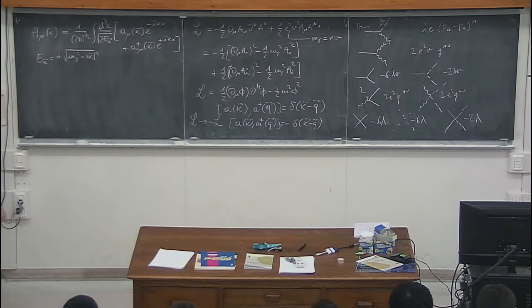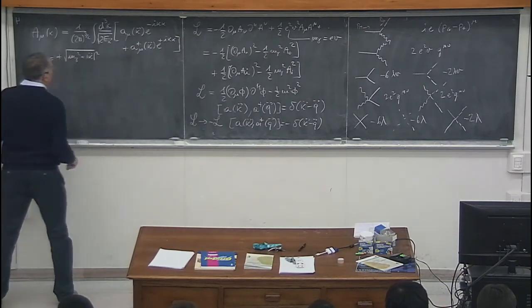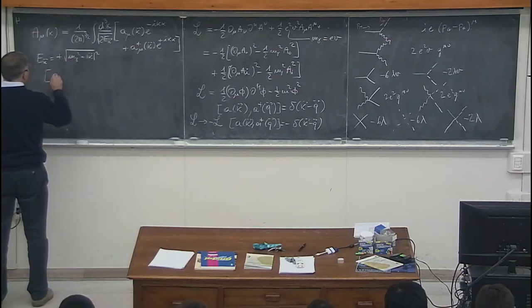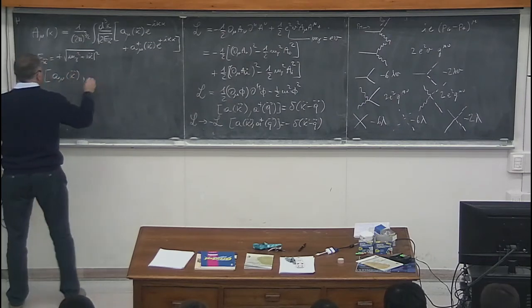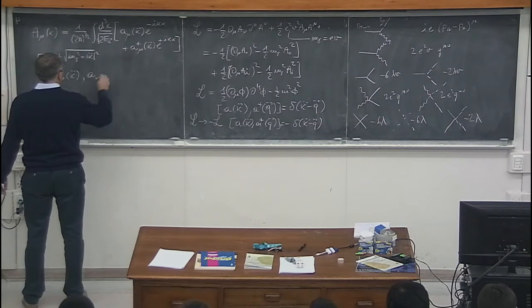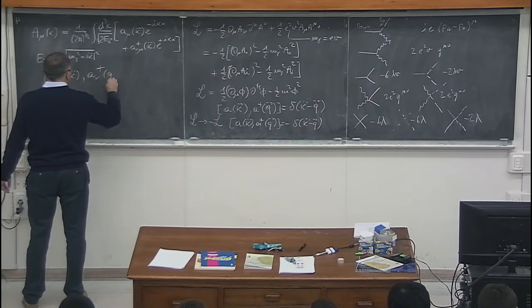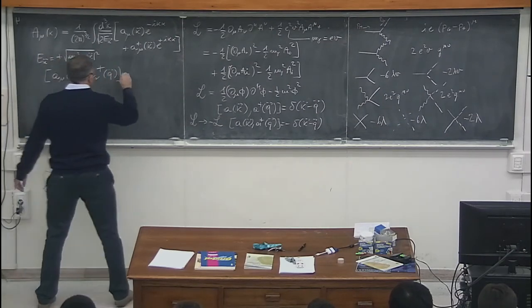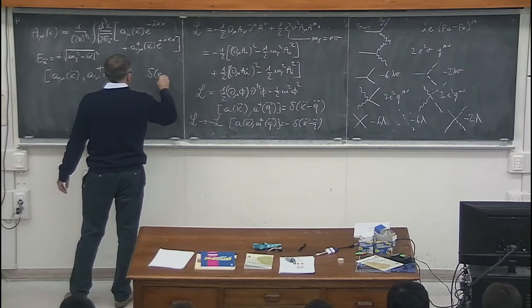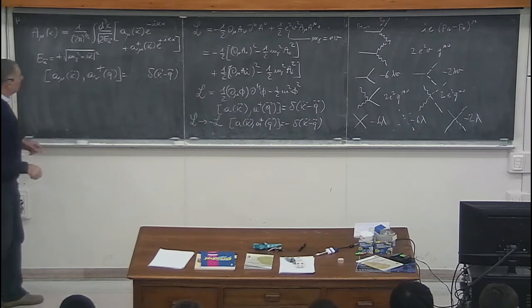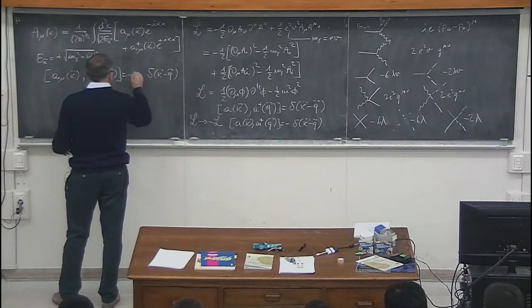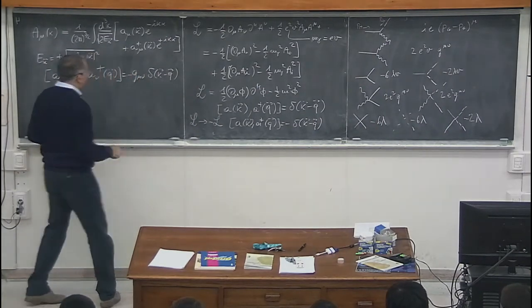And the commutation relations between a and a dagger are like this. a mu of k, a nu dagger of q. This is equal to delta of k minus q, with a minus sign when mu and nu are 0 and a plus sign when mu and nu are equal and spatial. So this is minus g mu nu.